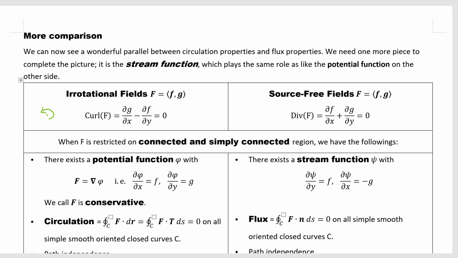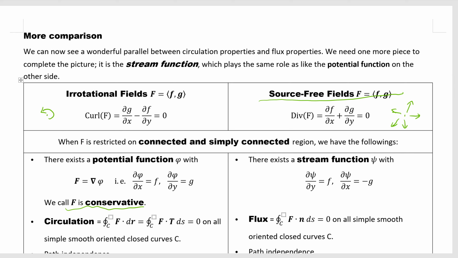And then on the other side, we have the source-free field. That is when the divergence is 0. Remember, divergence measures whether the vector field is flowing out from a point or flowing in. If the divergence is positive, we have an outward flow. If the divergence is negative, we have an inward flow. Now, if our vector field is restricted to a connected and simply connected region, then if the curl is 0, F is conservative.